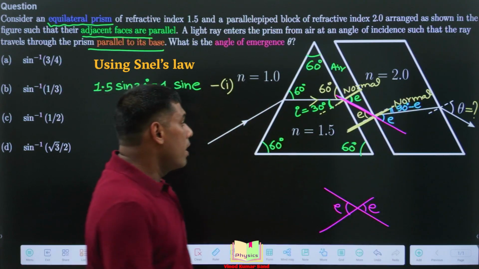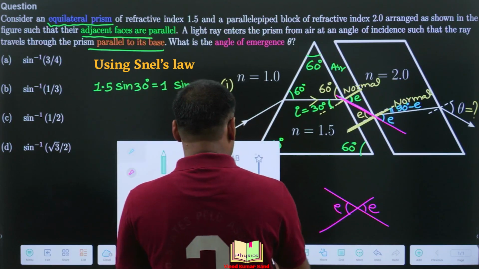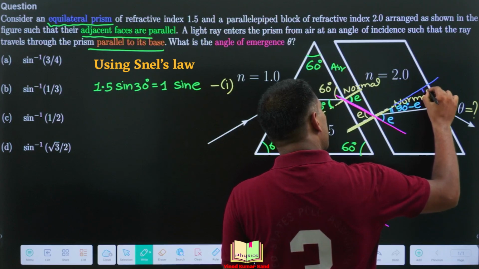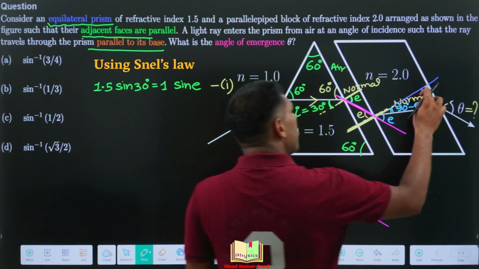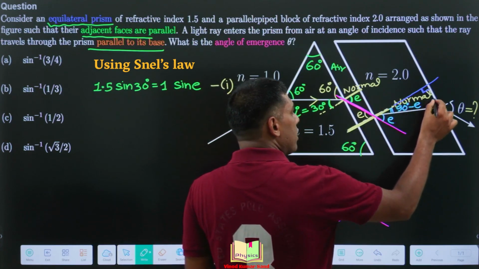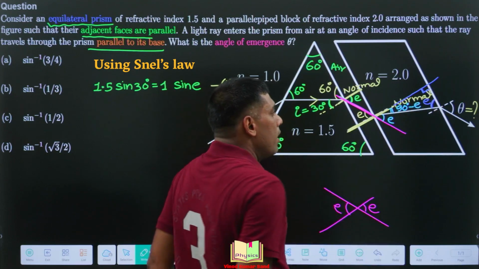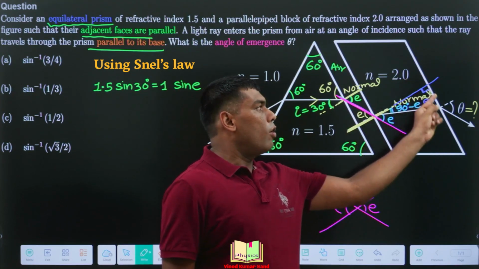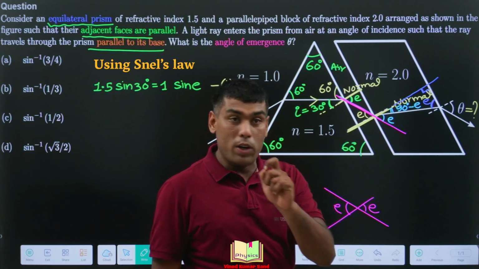Do you agree? Now if you extend this normal again, this normal here like this, it is making an angle of 90 degree here. This is 90 degree minus E. So this should be E, because the summation of the interior angles of a triangle should come out to be 180 degree.